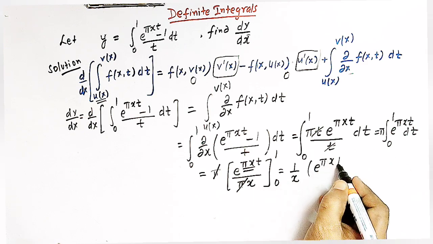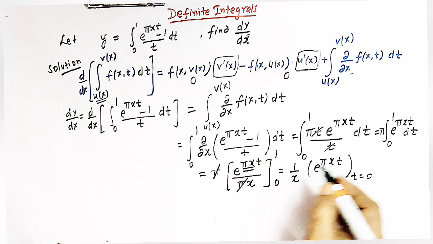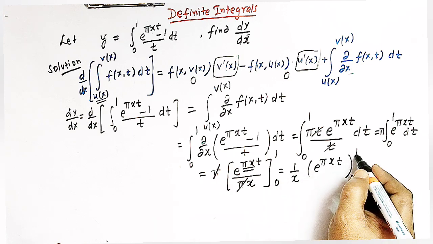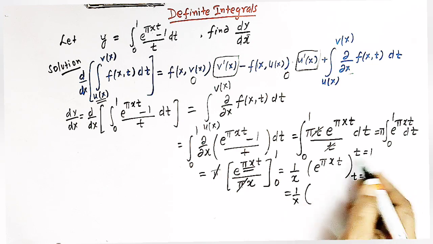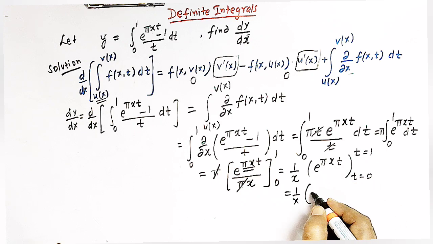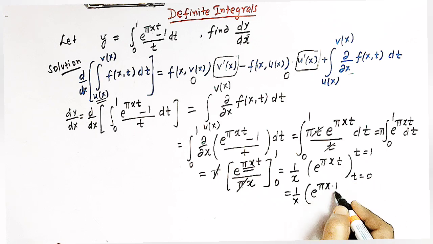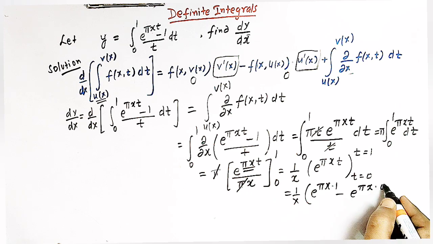to pi xt, and the limits of integration are from t is equal to 0 to t is equal to 1. So let us substitute the limits, and taking the difference, taking t is equal to 1, we have e raised to pi x times 1 minus e raised to pi x times 0.